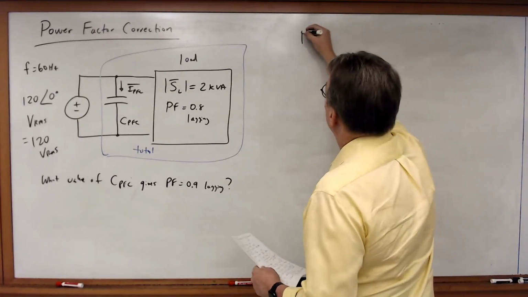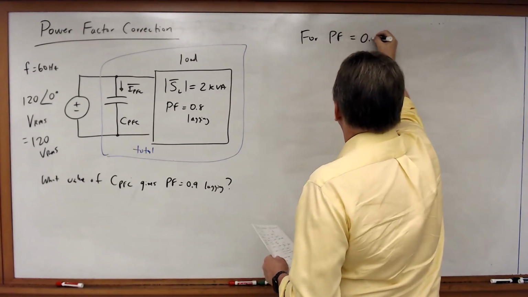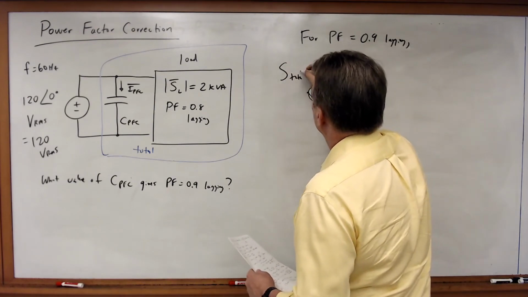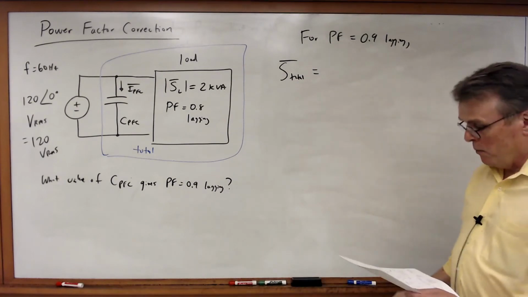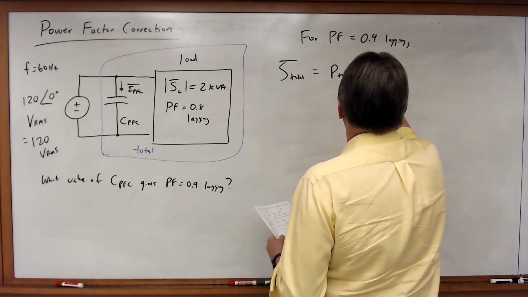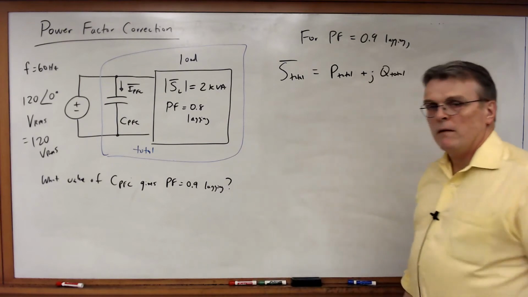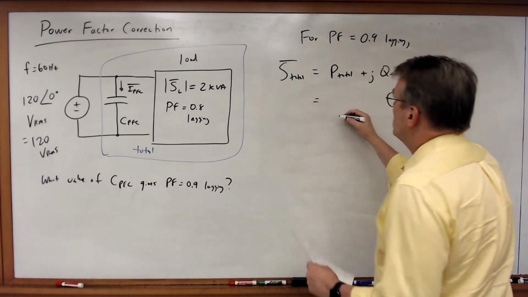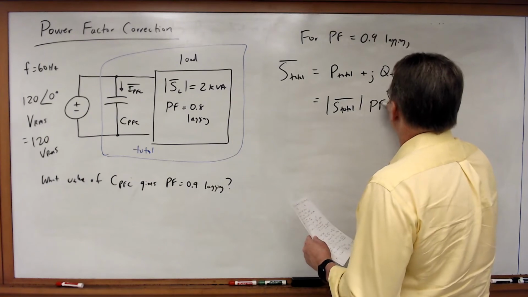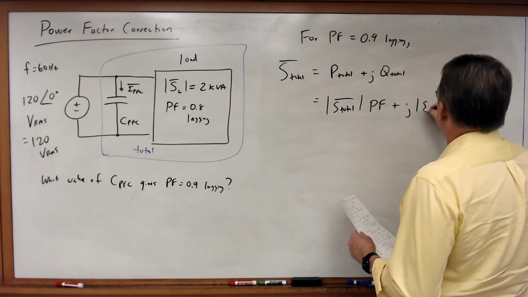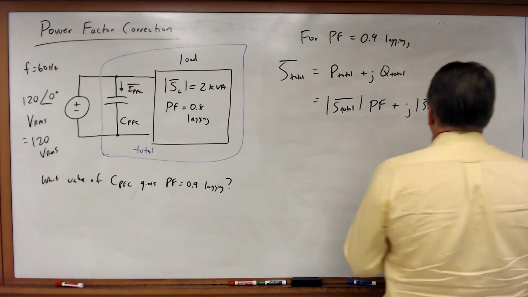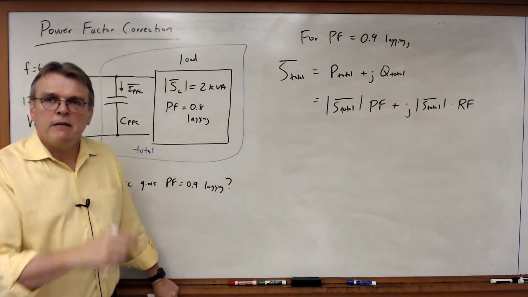So, for PF equal to 0.9 lagging, keep in mind that the total complex power must be equal to P total plus J Q total, which by definition must be equal to the apparent power times the power factor plus J times the apparent power times the reactive factor. Once again, the basic definition of complex power.